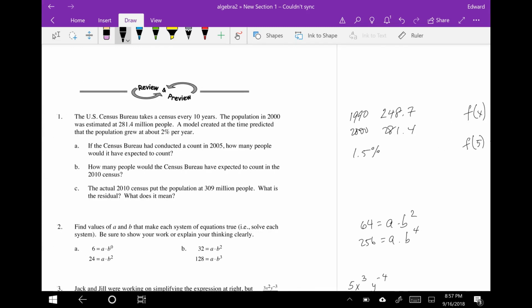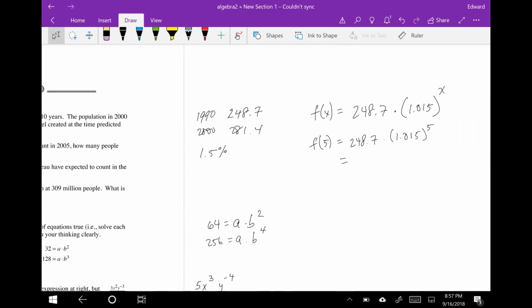It also asks something about what is the residual if you knew that in 10 years the population was something else. So I do know that the population in 2000 was 281.4 million. Okay, so 281.4 million in 2000. In 1990 it was 248.7. So what happened there?